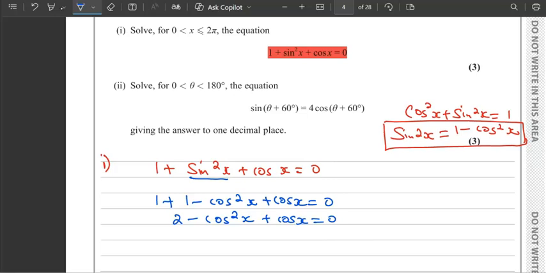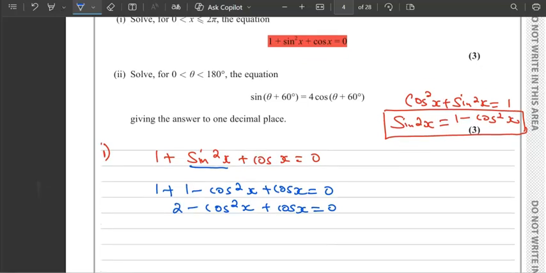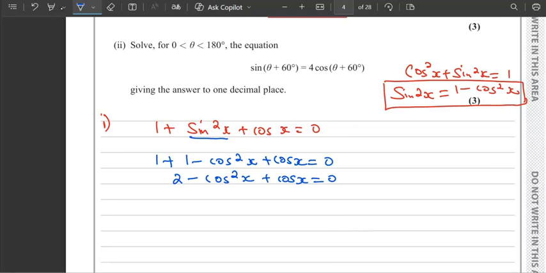Now we can take everything to the other side of the equal sign so that we get rid of the negative coefficient of cos squared x. We'll have cos squared x, positive changes to negative, minus cos x, then plus 2 equals 0.